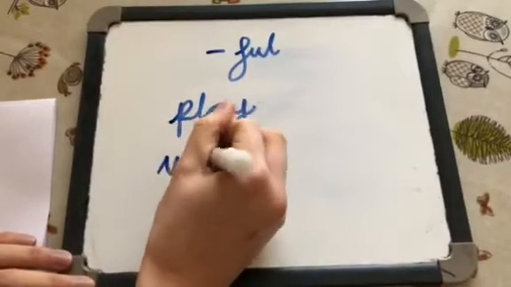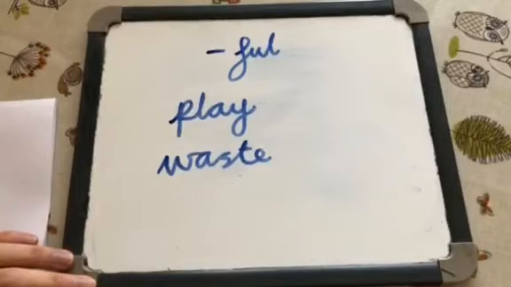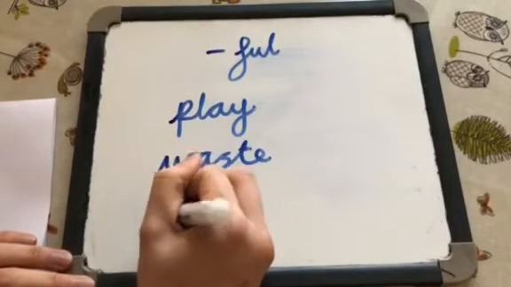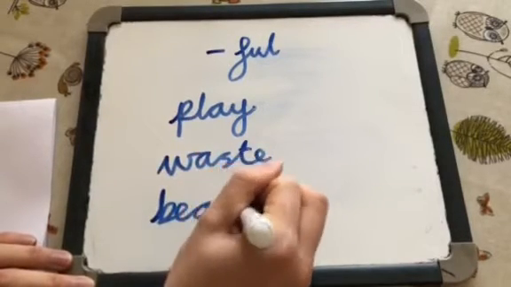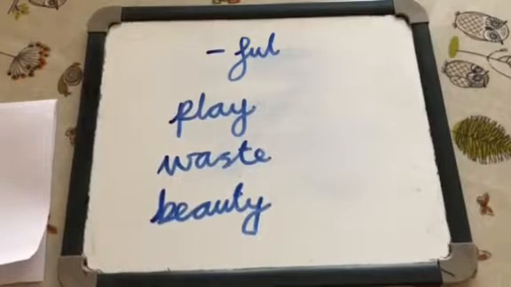How would I add full to a word that ends with an E? And how would I add full to a word like beauty that ends in a Y? What would I need to do in all of those situations? Okay. So this is your warm-up. Go and have a go and come back when you're finished. Pause the video.